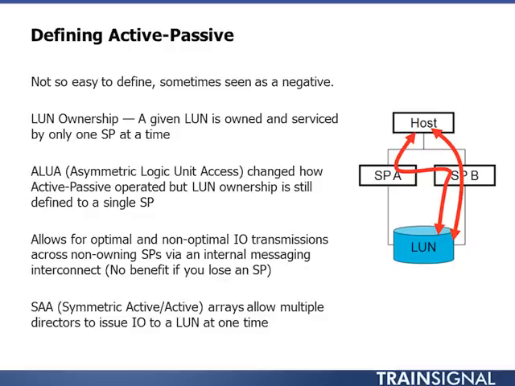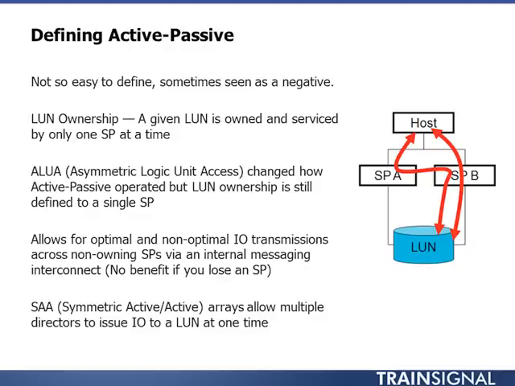Optimal access to that big blue LUN would be across SPB in this example. Non-optimal would be across SPA. So that's very common terminology with ALUA itself, optimal and non-optimal pathing. Once we get into the interface within the lab itself, it actually says optimal and non-optimal. It shows you that information within the GUI itself.